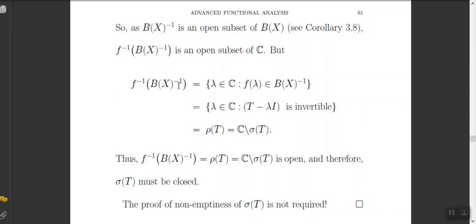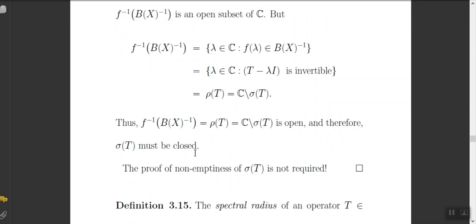Now look at here, f inverse of B(X) inverse, which is the resolvent set, is open, right? Therefore, the spectrum, which is the complement of the resolvent set, must be closed. So the spectrum is bounded and closed, so it must be compact.